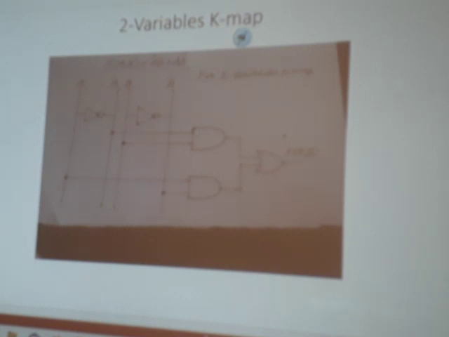In this case, we will need 2 AND gates. The first AND gate has inputs a dash and b, so we connect 2 lines, one from a dash and the other from b, and the AND gate gives us an ANDed term. Similarly, another gate has two inputs, one connected with the line a, and the other connected with the line b dash.